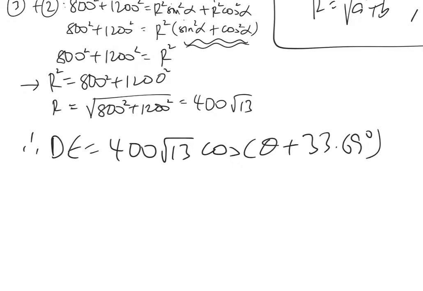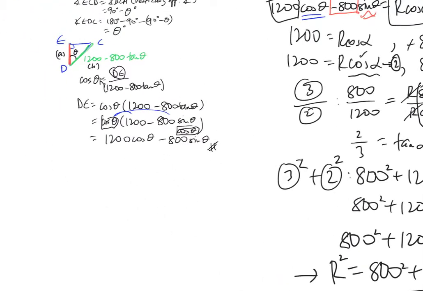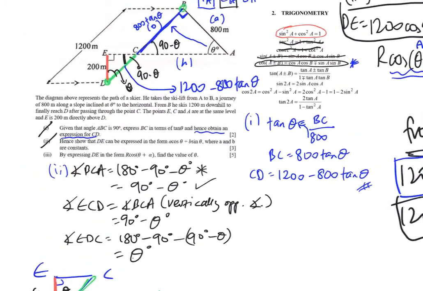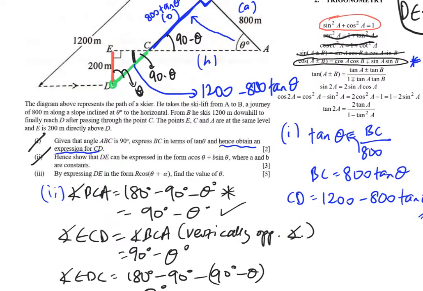The last part of this particular question is to find theta. Now, how do we find theta? In the question itself, we are actually given the value of dE, which is right here. Let me just highlight it. It is 200 meters.